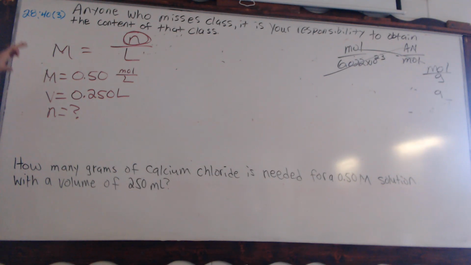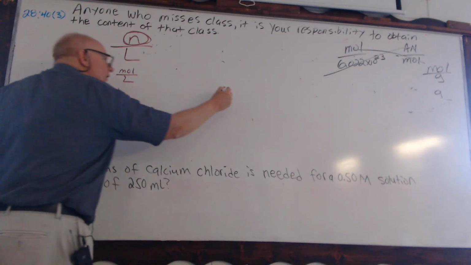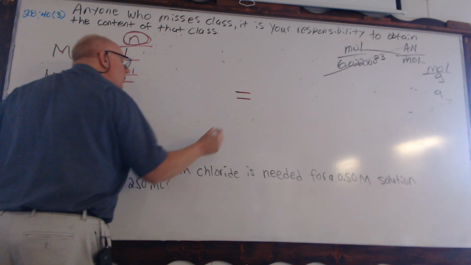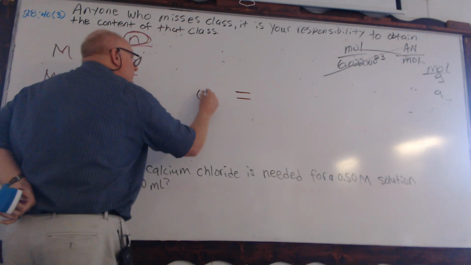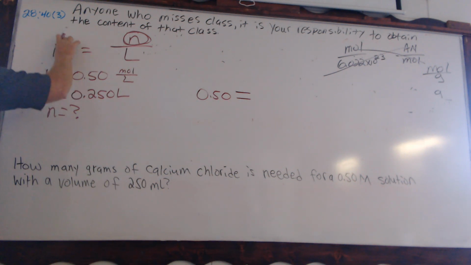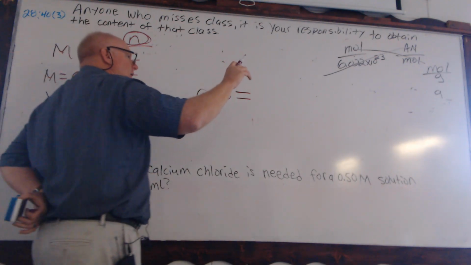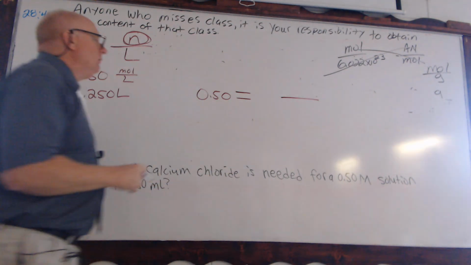So if we do what the formula tells us to do, where does this go in our equation then? Here's our equation. Where does the 0.50 go? It goes on the left side. 0.50, because that's where it says this belongs. So on the right-hand side, we have a fraction. What goes on top with our fraction?